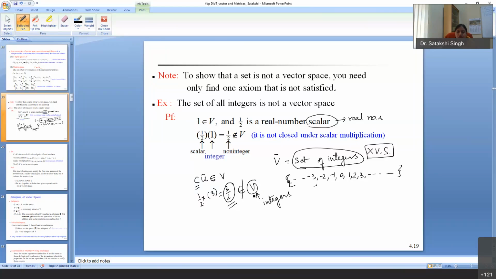So it will not belong to this V, and that is why, because this multiplication with respect to the scalar C is not closed here, we can say that this property is not satisfied by the set of integers. So it is not closed under scalar multiplication, and because this property is not satisfied, this given set of vectors, which is the set of integers, is not a vector space. I hope this is clear to everyone.